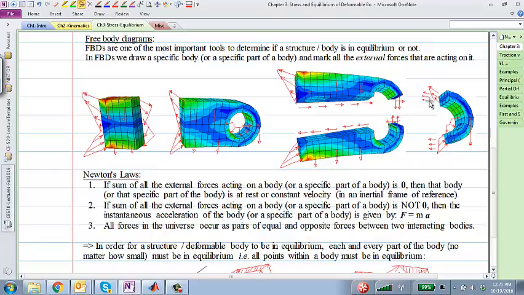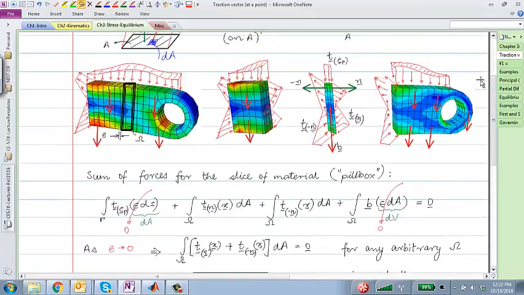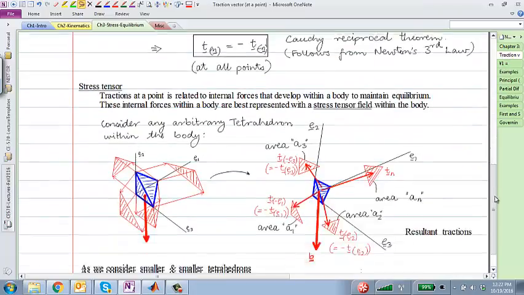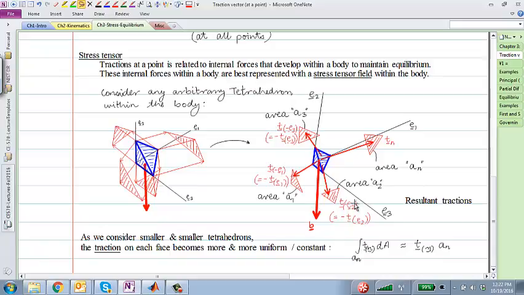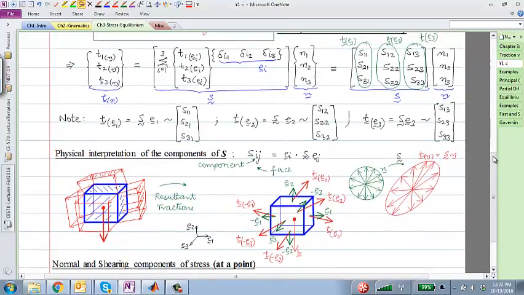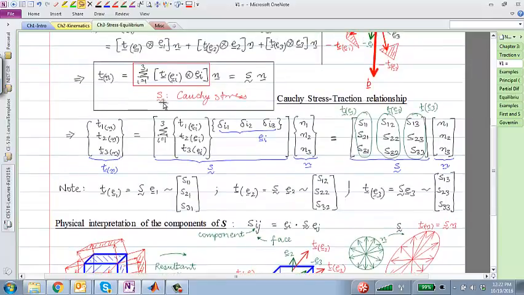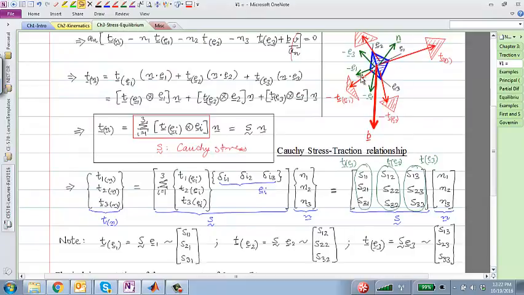And that's what allows us to draw free body diagrams in the first place. Okay. So starting off with free body diagrams, we came to the definition of traction. From traction, we built up some equilibrium relationships, and finally derived this stress tensor, which acting on the normal gives me back the actual distributed forces acting on a free body diagram, kind of closing the loop here.